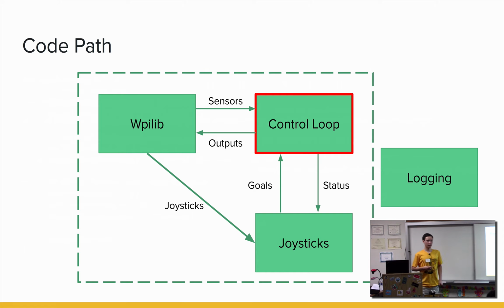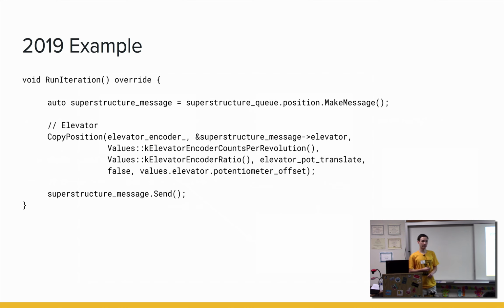Now I'm going to talk about how this all comes together on our robot for 2019. We have all these different systems, and I'm going to give some examples of code of how these things are implemented to show how much all this abstraction can greatly simplify the process of designing robot code for a given year. First, this is a snippet of code from the WPILib interface.